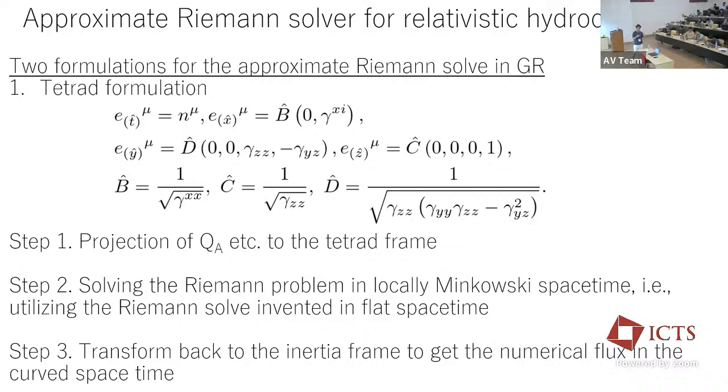Then you get the numerical flux and conserved quantities in a locally Minkowski spacetime. By transforming back to the inertial frame using this tetrad basis, finally you get the numerical flux in the curved spacetime.